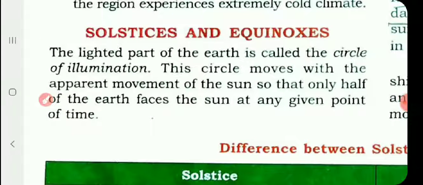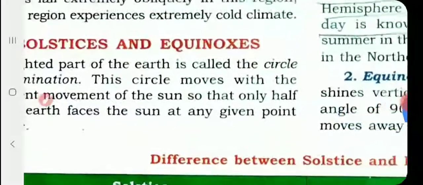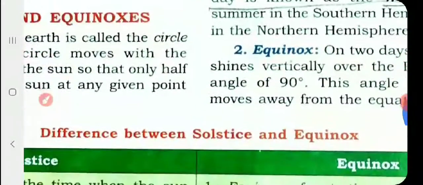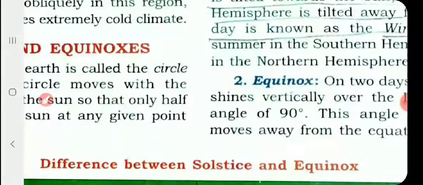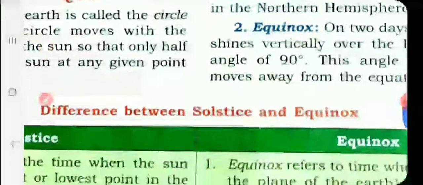Otherwise, the area where the sunlight falls is known as the circle of illumination. This circle moves with the apparent movement of the sun, so that only half of the earth faces the sun at a given point of time, and the other half experiences darkness.